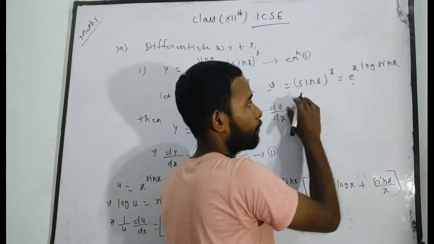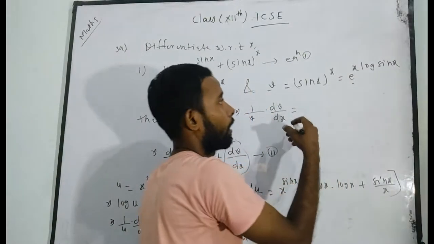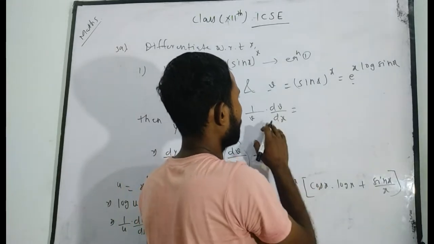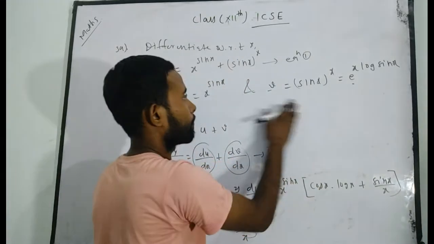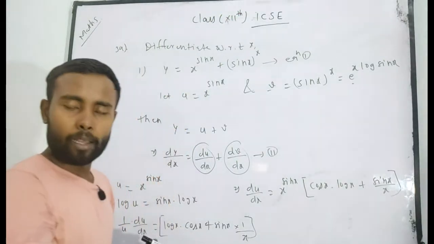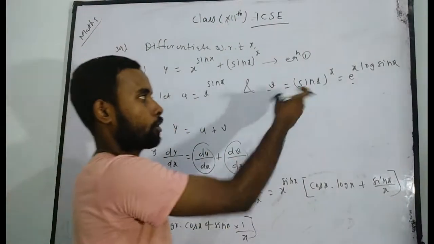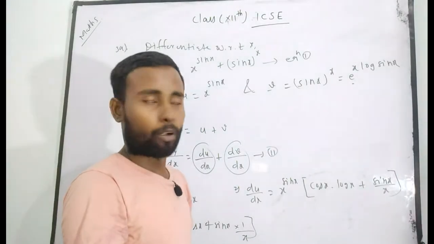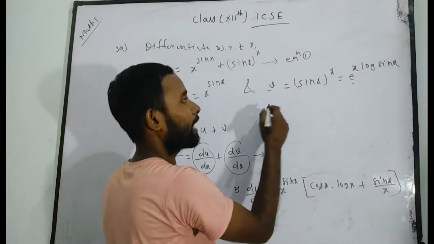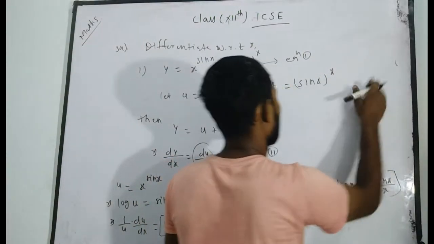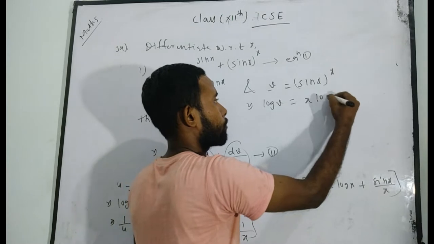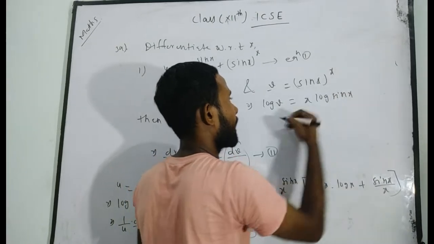Here I have solved this question by taking e to the power, that means property of log, e to the power some function. If you wish, you can take log here. After taking log on both sides, you will get x times log sin x. I think you understand. Now you have to differentiate.